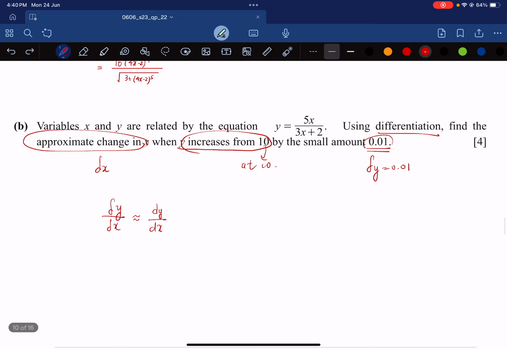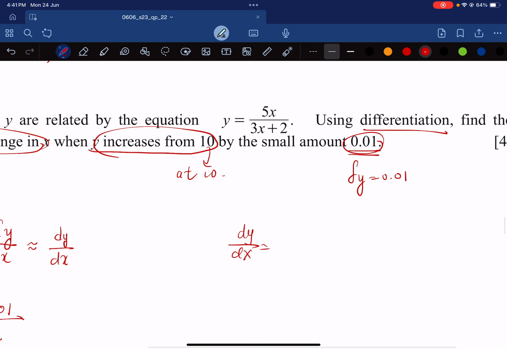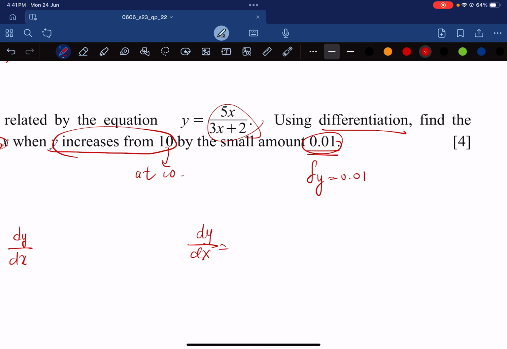Delta y is 0.01. So they are asking for delta x. So what is dy/dx? To make things easier, you can do the long division first, or directly apply the quotient rule.